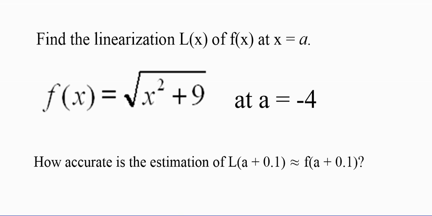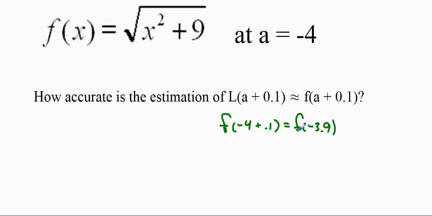So essentially, I want to approximate what is f of, plug in -4, -4 is our a value, plus 0.1. And so essentially, I'm looking for what is f of -3.9. Now to find this out, I could plug that into my actual function, which we could do.